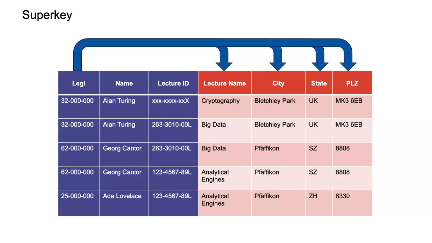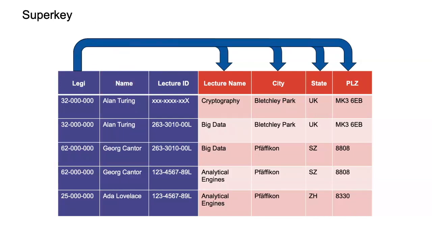Well, a primary key is basically a super key, but it's a super key that is optimal, that is minimal, because a super key could actually be a superset of a primary key. In fact, you could take the whole set of columns that would be a super key, right? So a super key is just when you try to find a primary key, you start finding the super keys, then you take a minimal super key, and that gives you a primary key, right? So again, a super key is a set of columns that determines everything in the table.